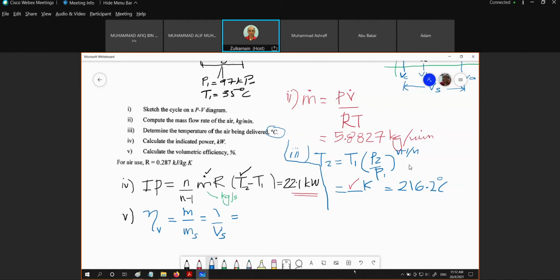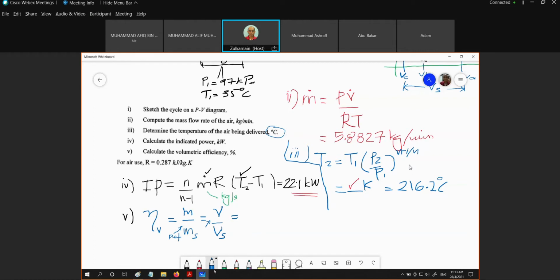So when we expand the V over Vs, what do we have right here? What is the final equation for volumetric efficiency? This is from the definition.